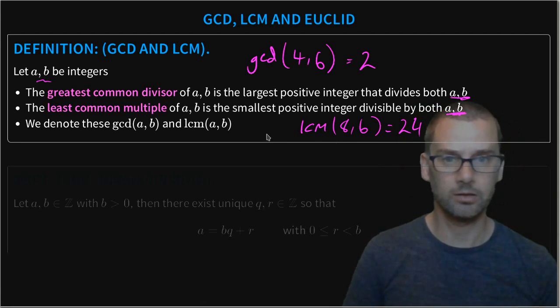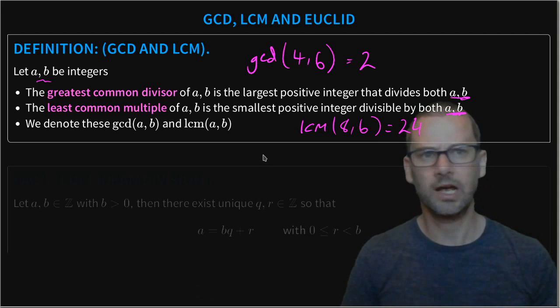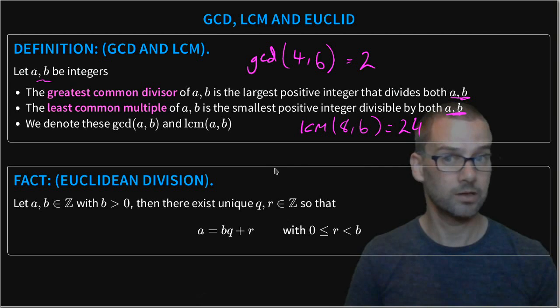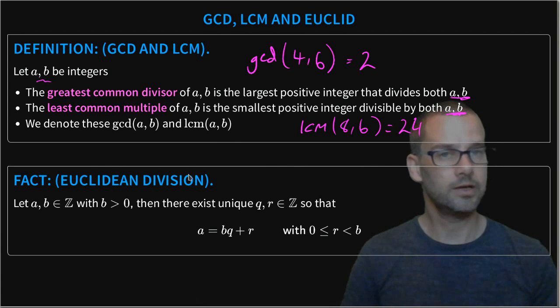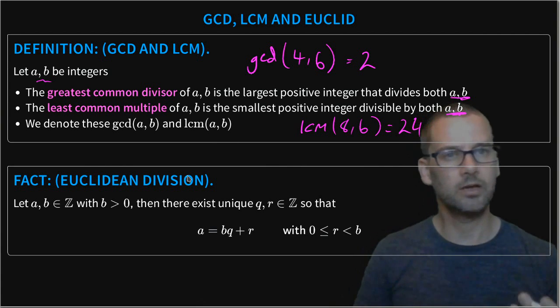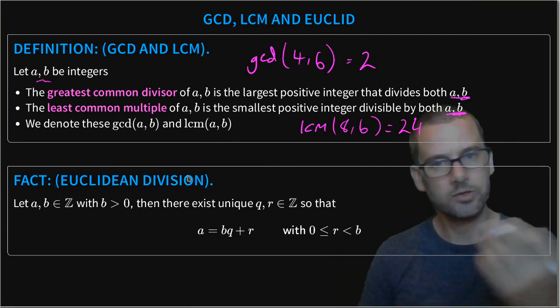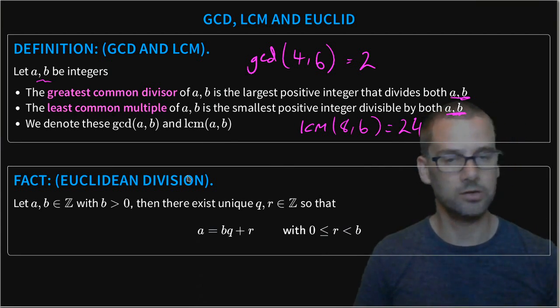Another definition, I apologize, we're going to get all of these little definitions out of the way because we'll make use of them as we go. Actually, this isn't so much a definition as a useful fact. As we talked about earlier, we have some facts that we're going to make use of. Euclidean division. It's just a name given to something that you've been doing for a long time, namely when you divide a number by another, you get a remainder, and you can do this in a unique way.